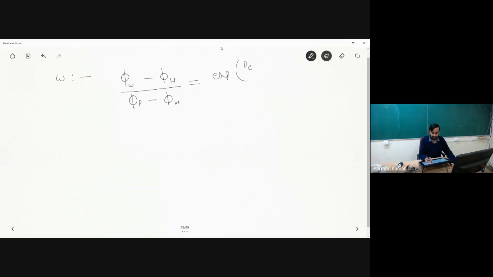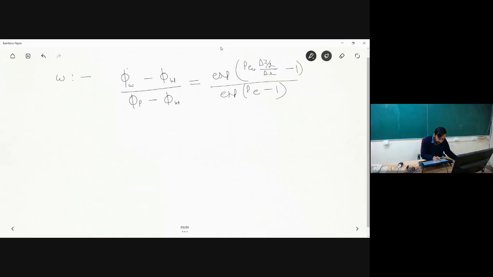Now can you tell me what will be the value of x for W phase? Delta x by 2. It will be the same, delta x by 2 divided by delta x minus 1 divided by exponential of Peclet number minus 1.